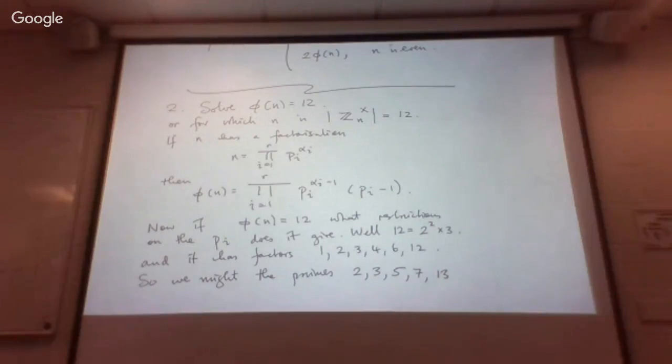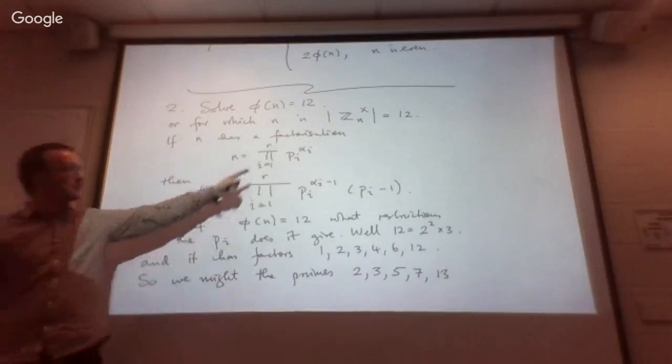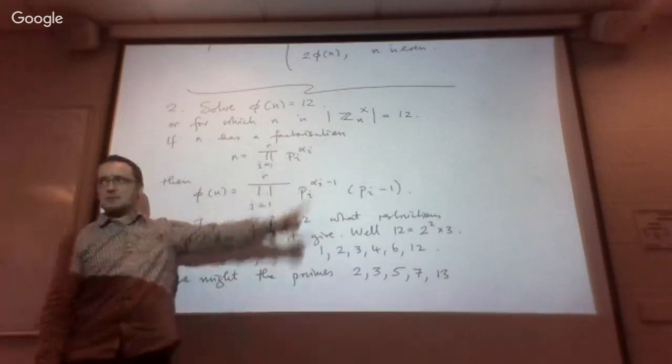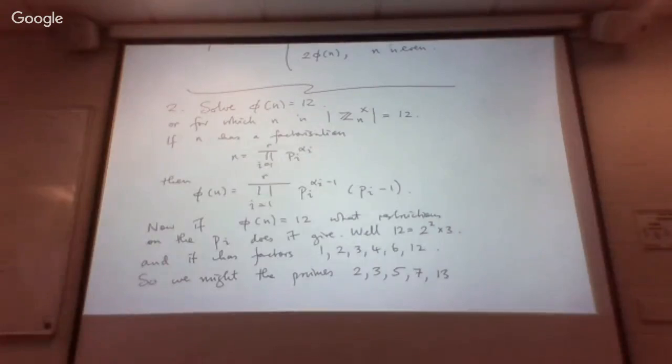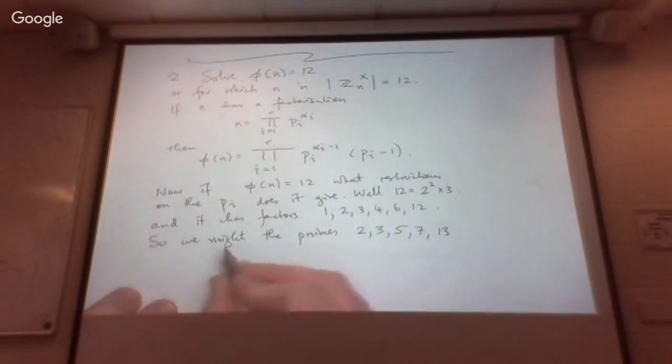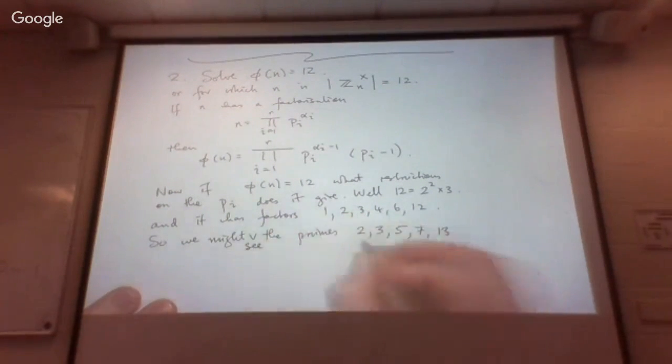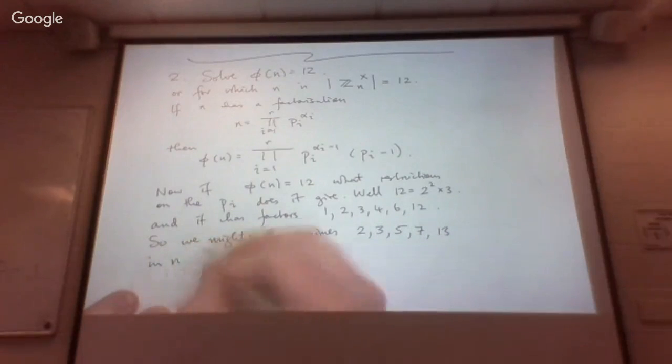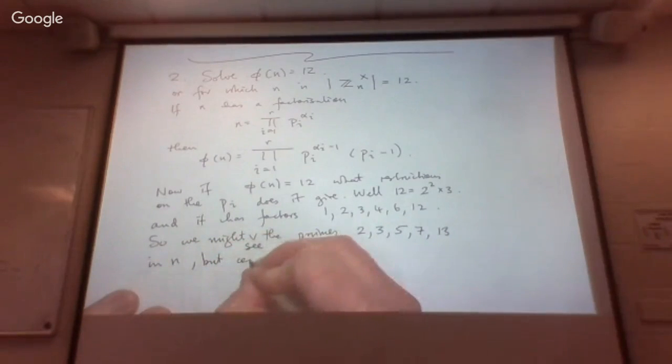So those primes don't obviously break any rules about allowing them in. Some of them, as we've already seen, can only appear to a maximum power of 1. But we should entertain the possibility that those primes are appearing in the prime factorization. So we might see these primes here in n, but certainly no other ones.